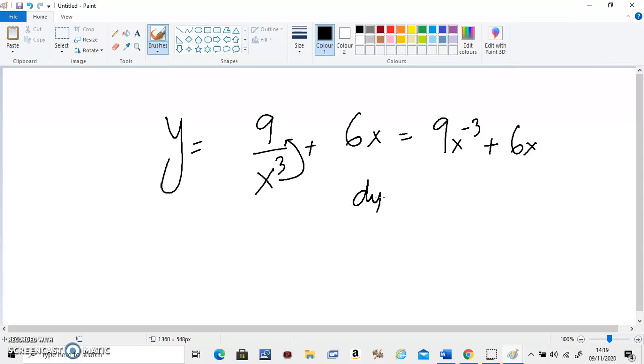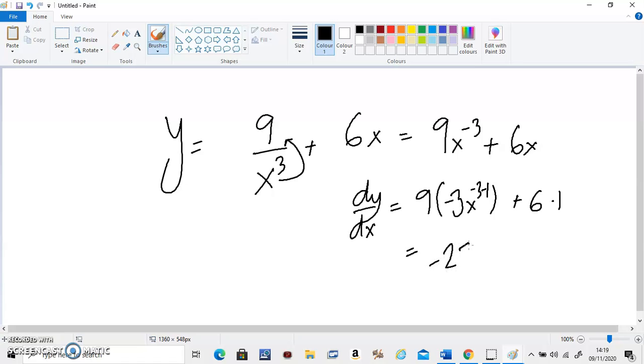So now apply the formula. Keep the 9 as it is and apply the power rule. It's minus 3x to the power minus 3 minus 1. And remember, the differentiation of x is 1. This may not be given, but you'll have to remember that the differentiation of x is 1. So it should be 6 times 1. And then simplify.